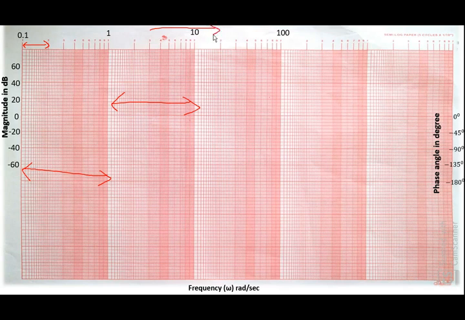For example, if log 10 is 1, for a larger number of values you can't plot the graph on normal linear graph sheets. That's why you use this semi-log sheet for plotting or marking the larger values.